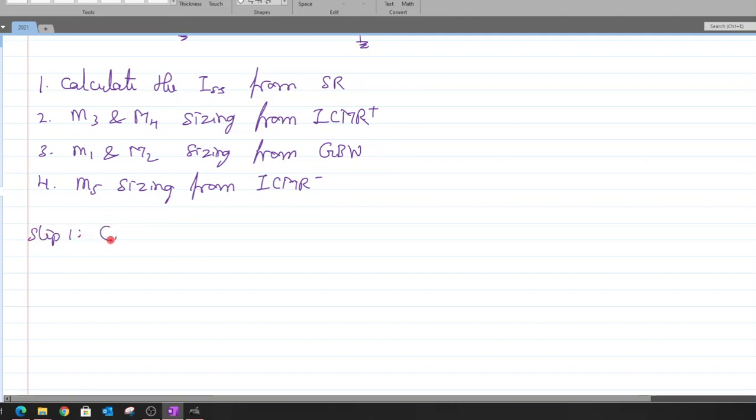Clear? So step number one, which is to calculate the ISS. Okay, so the explanation of the slew rate, I will give a link in the description, to know what is slewing and when does an op amp slew and its physical cause.